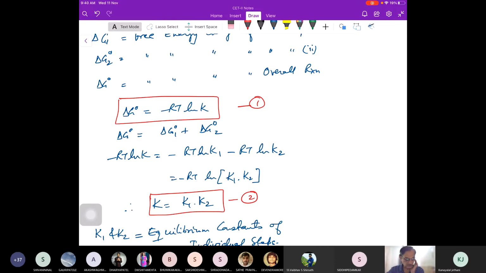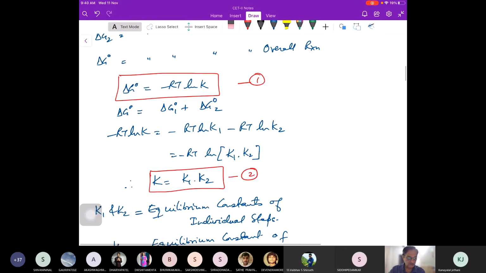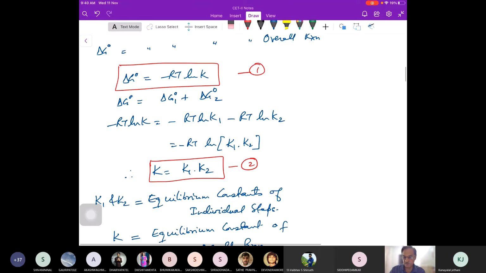So K is equal to K1 into K2. Right? So the overall equilibrium constant is nothing but the product of the equilibrium constants for each step, K1 into K2. Any questions on equation 2?